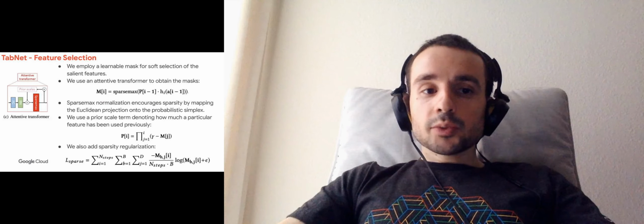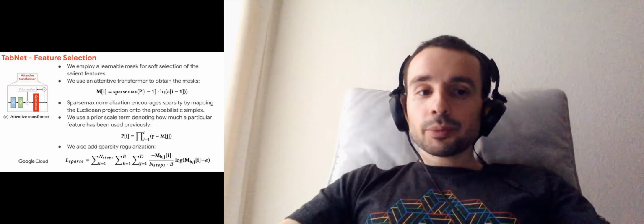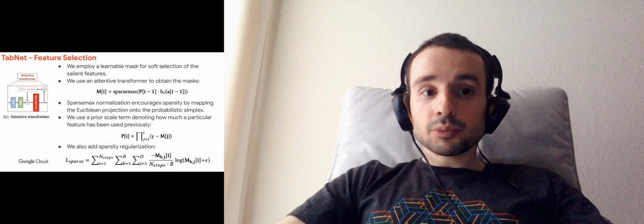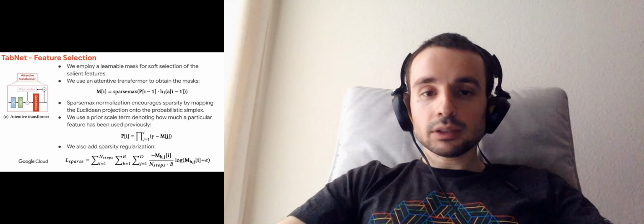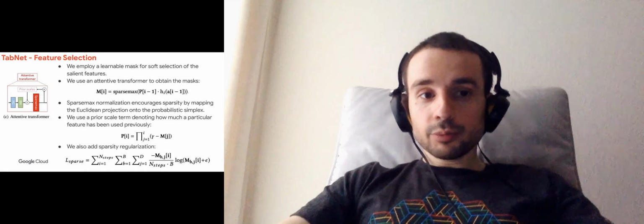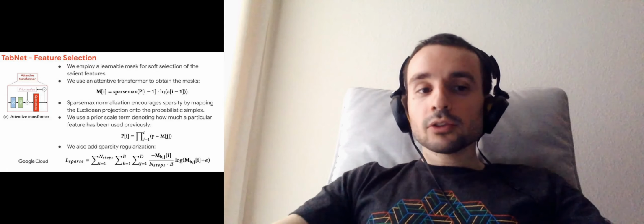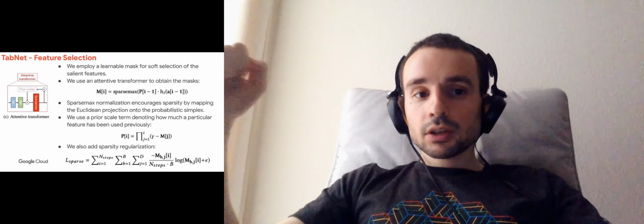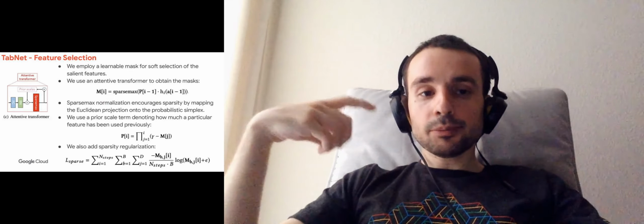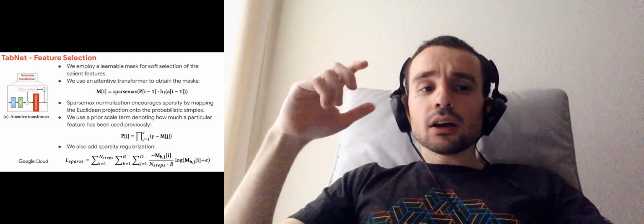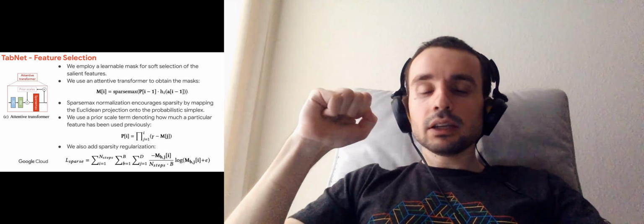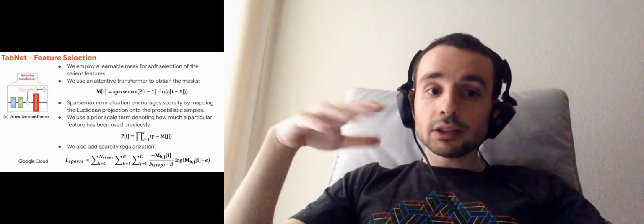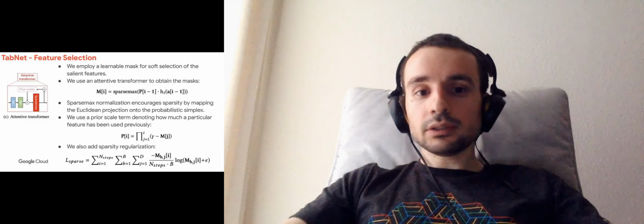The attentive transformer is composed of linear mapping followed by batch normalization, followed by multiplication with the prior scale term, which is denoted by this P matrix here, then followed by sparsemax nonlinearity. Sparsemax nonlinearity is a normalized activation function which has sparsity inductive bias built in. And this prior scale term is the term that represents how much each feature has been used thus far up until the decision step.